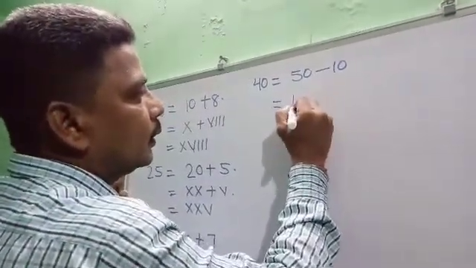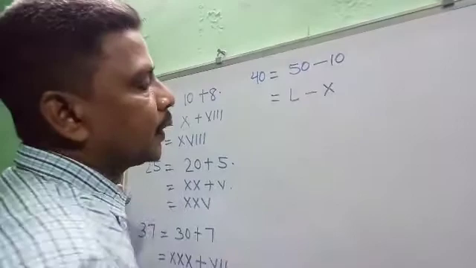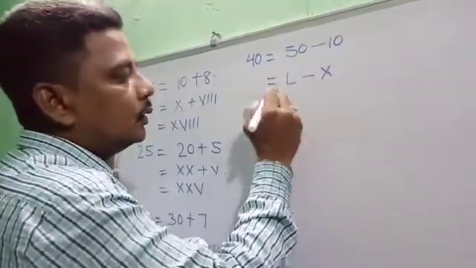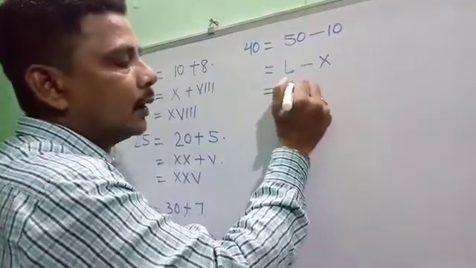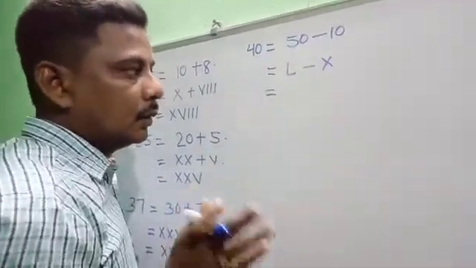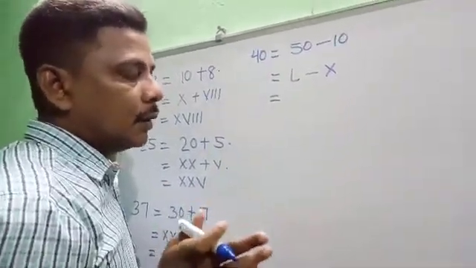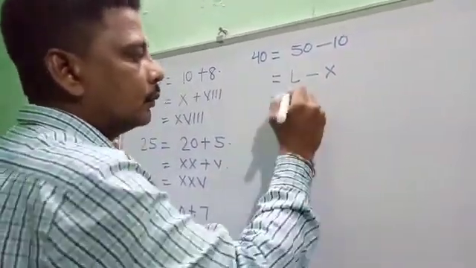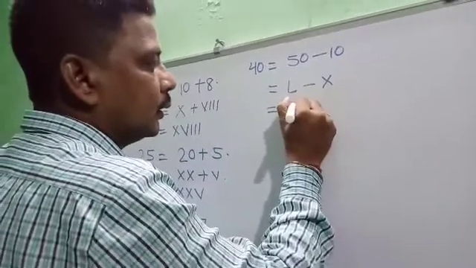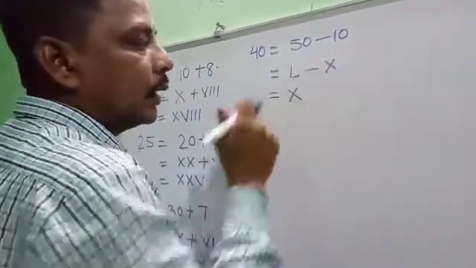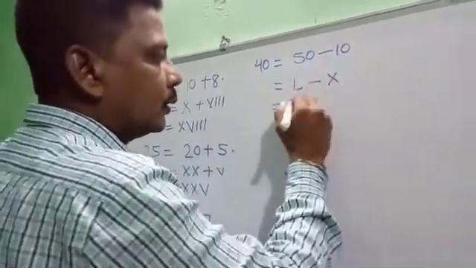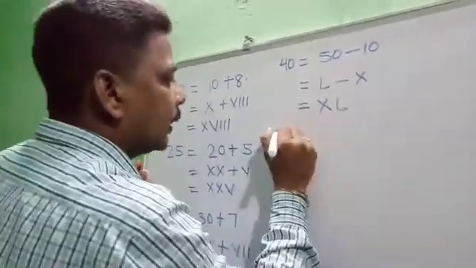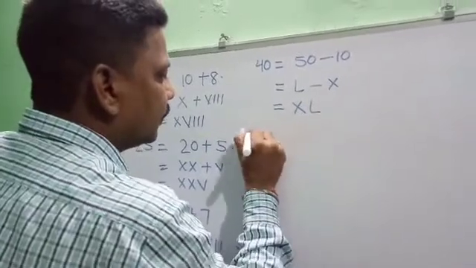Then L minus X. Here X is the smaller number. So when we subtract, we have to write the smaller letter first, or the smaller value first. XL.